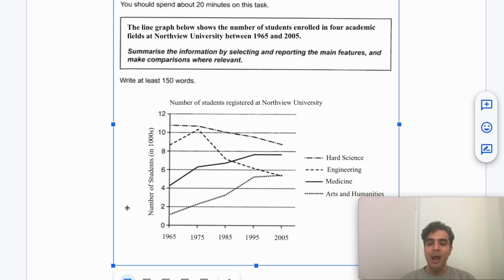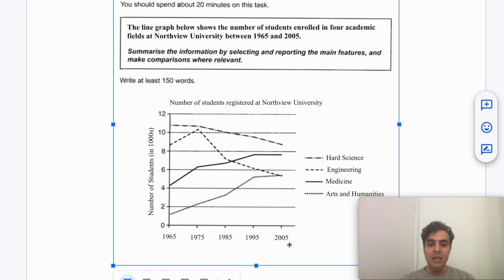Now, in a line graph like this, there is always a vertical axis, which is this axis here, and we have a horizontal axis, which is this one here. Most of the time, the horizontal axis will represent time, some sort of division of time. So in this case, we have 1965, 1975, 1985, 1995, and 2005.